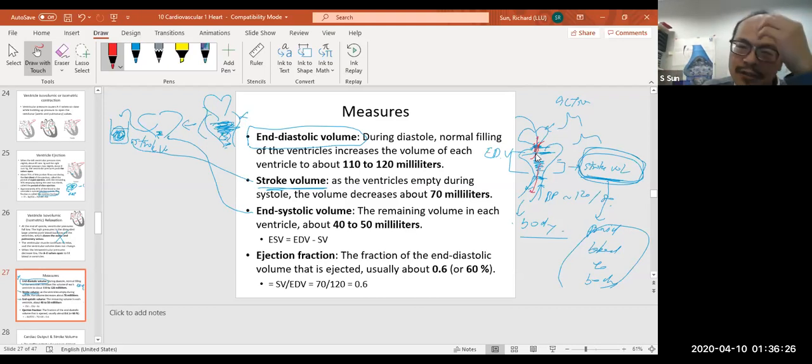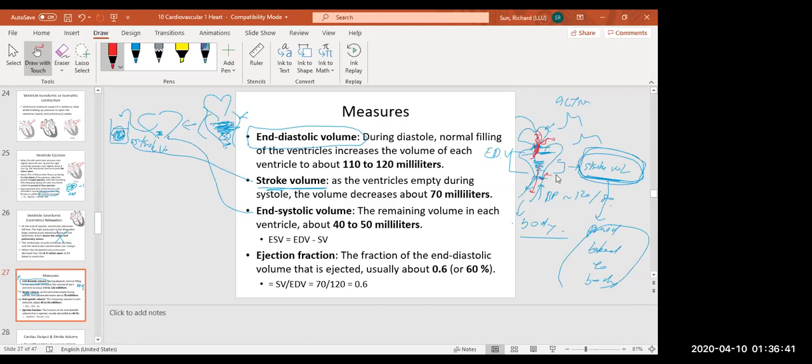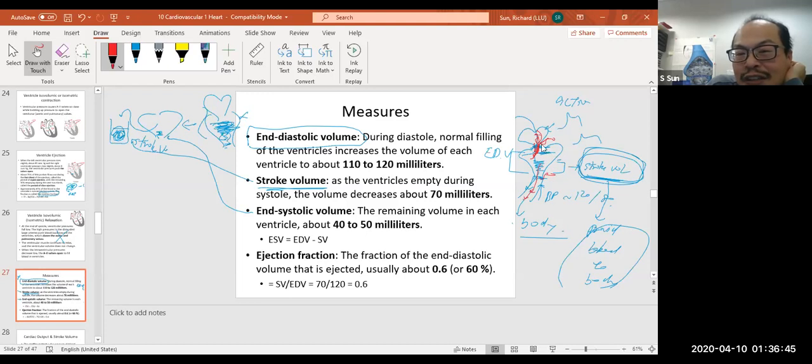But if it doesn't close, then blood goes back here. You will have a large portion of blood going to the atrium, maybe 50% going to the atrium and 50% to the body. In fact, the majority will go to the atrium, because the atrium is connected to what?